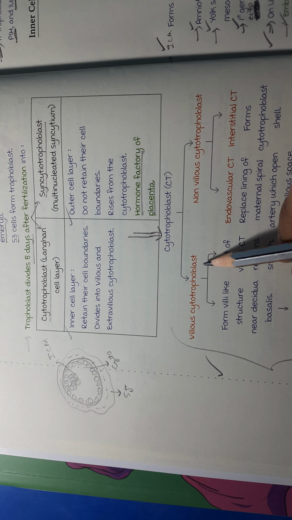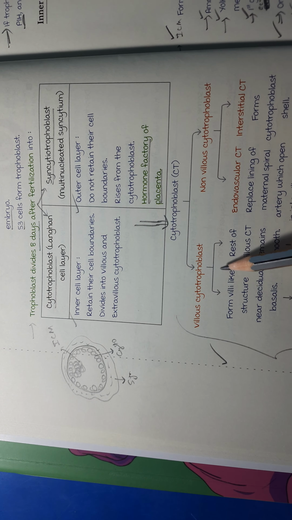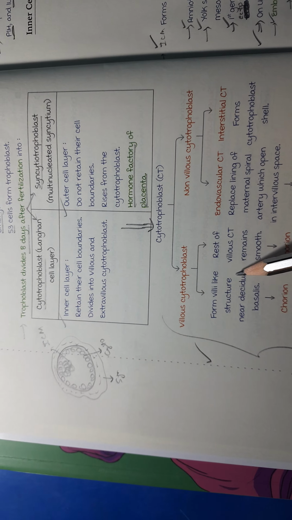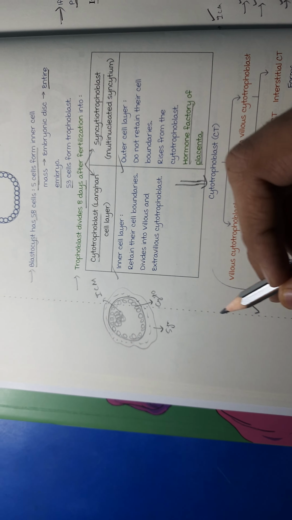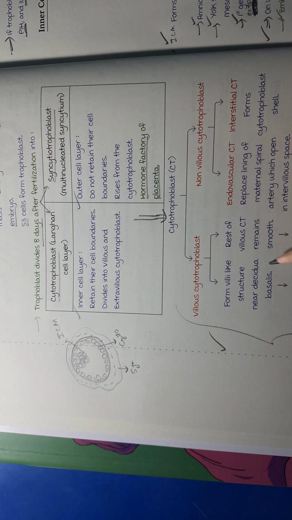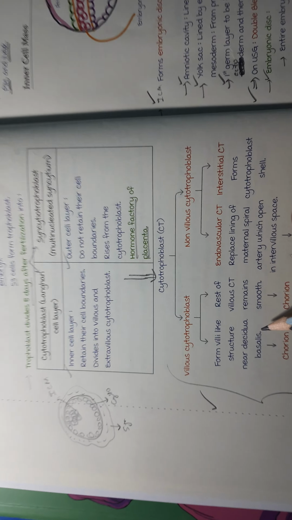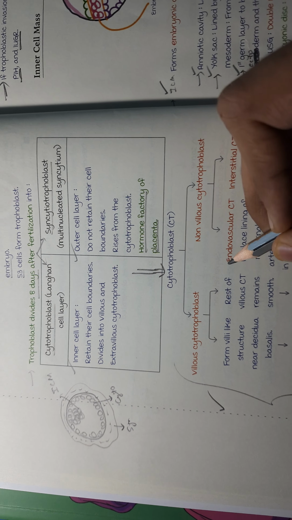So what is villous cytotrophoblast? Some of these cytotrophoblasts will form a villi-like structure. These villi are towards the decidua basalis, because they have to form the fetal side, and these are called chorion frondosum, which forms the fetal side of the placenta.